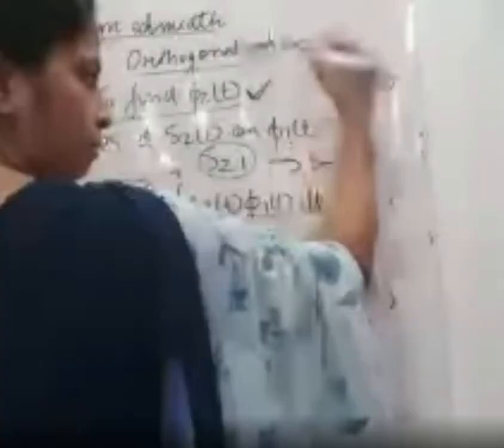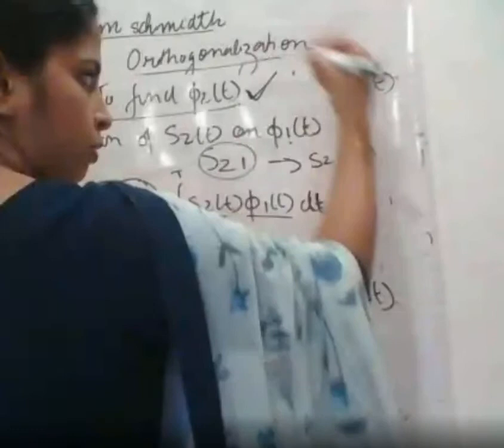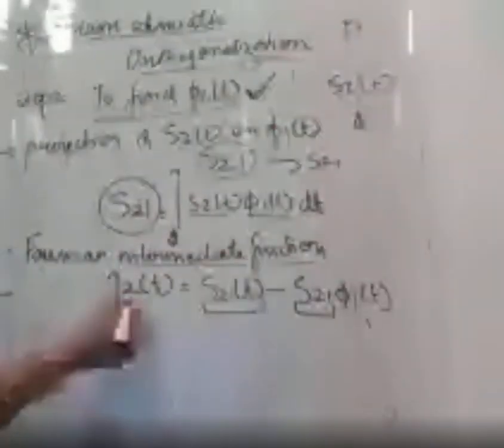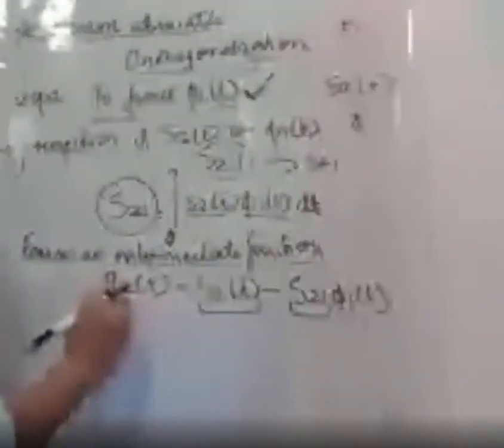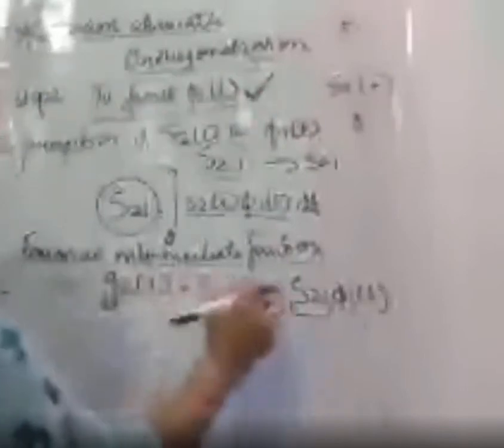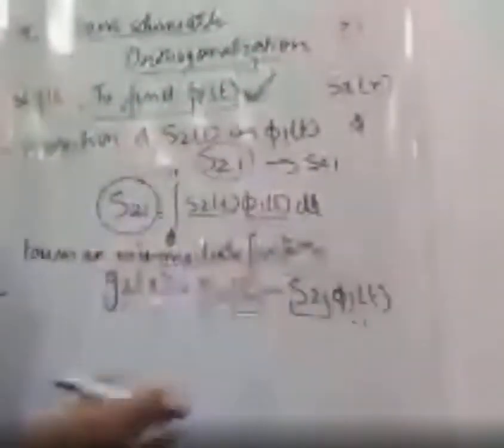S2 of t is given in the question as a signal waveform, and phi1 we found in the previous step. Next we have to find an intermediate function. With respect to phi2 of t, the intermediate function is G2 of t. G2 of t is nothing but S2 of t minus the projection we found, into phi1 of t.